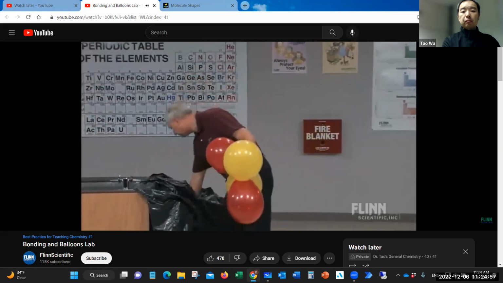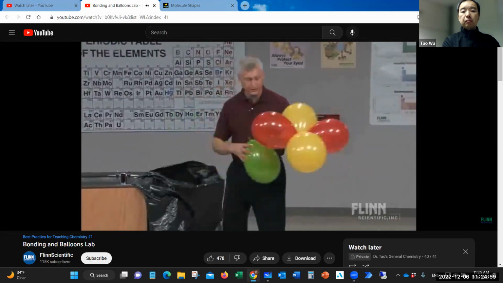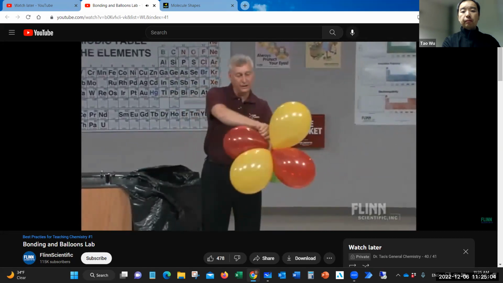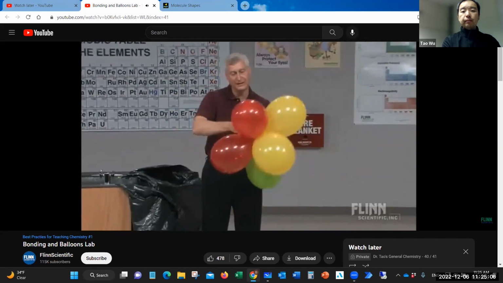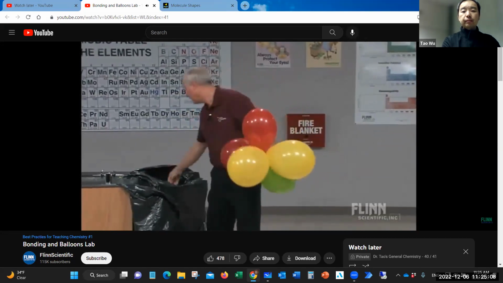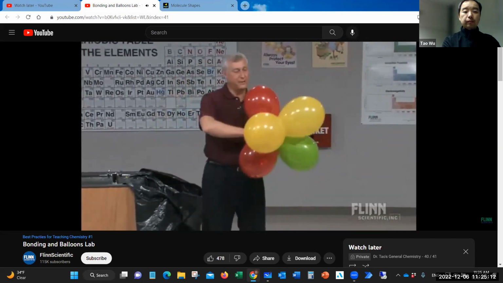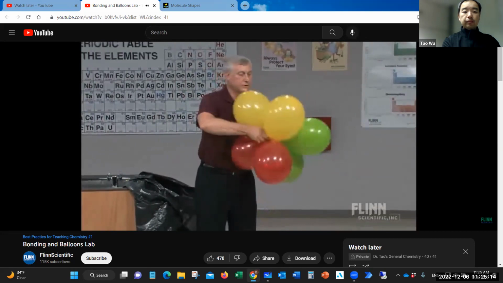Get rid of it. So we're back to our tetrahedral shape at this point. And we're going to go to a slightly different color, just because color is fun. We've got back to 5 balloons. Now we're going to 6.